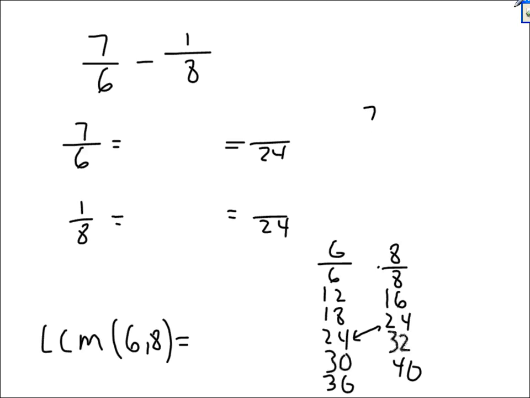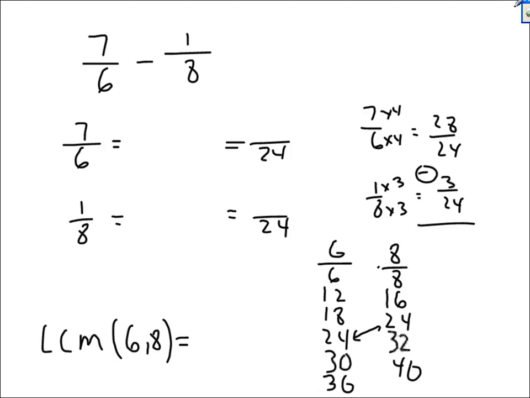I mean, you can take 7 over 6 and say, I'm going to multiply the top and the bottom by 4, and I get 28 over 24, and I'm going to take 1 over 8, multiply the top and bottom by 3, and then I get 3 over 24, and I've been asked to subtract. The denominators are the same. 28 minus 3 is 25, and there's the answer. But on the left where I'm writing, I'm just showing you the logic.